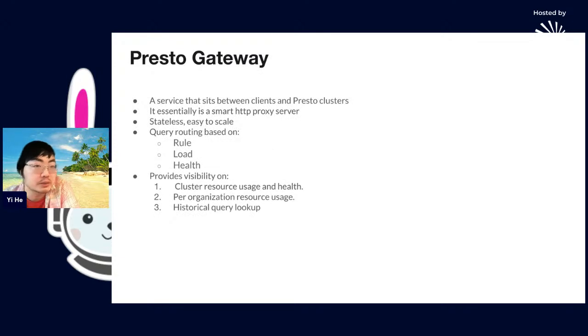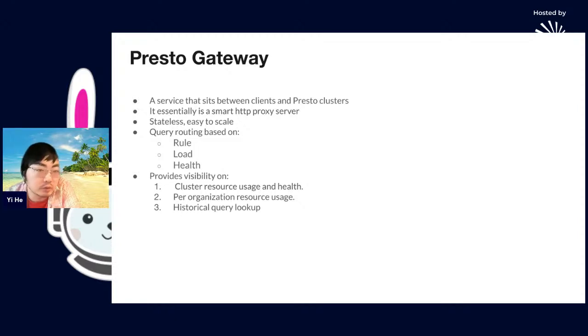The Presto gateway we use is a forked version of the Lyft Presto gateway. It is a proxy server that routes a query based on predefined rules. For example, if a query has a certain user and a certain source, it will only be routed to an ad hoc cluster during the 9 a.m. to 10 p.m. time frame, so that we can define flexible rules to route queries to different clusters.